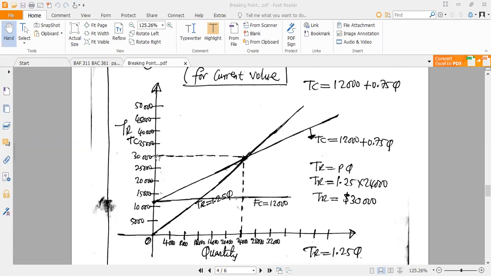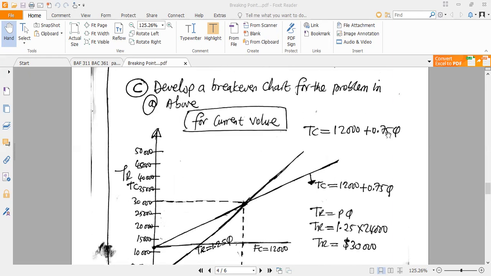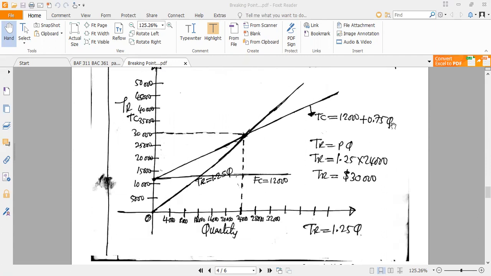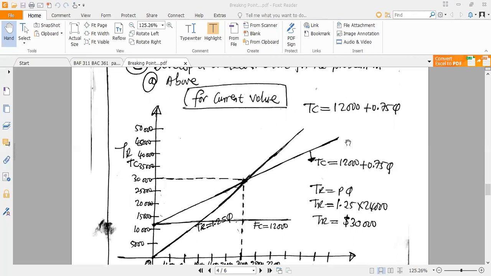If you are able to calculate that, you can calculate 0.75 multiplied by the break-even quantity that I'm using. We are drawing the break-even chart, so to draw it, use the break-even units calculated for the current volume, which is 24,000. You substitute there, and we get 30,000.